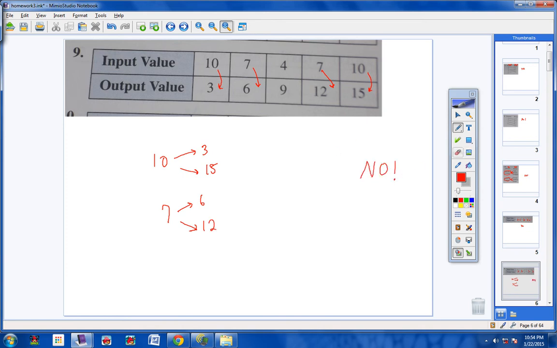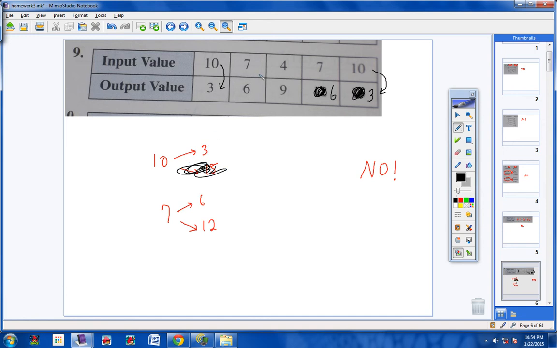Now, students, I've got a question for you. What if, just pretend for a second, that I had a 3 right here and a 6 right here? Then would I have a function? Of course I would. 10 gave you out 3.